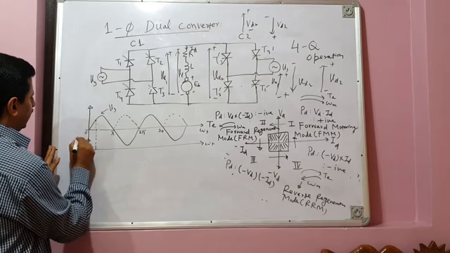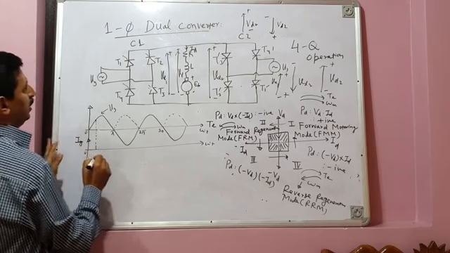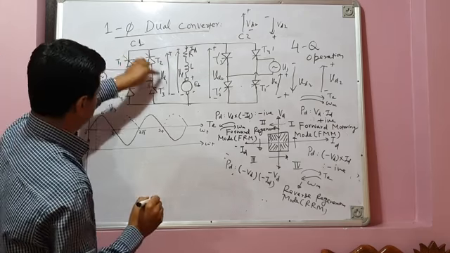So this is gating current pulse Ig for the thyristors of converter C1. So after alpha electrical degrees, this firing pulse is issued. Since positive half cycle of source voltage is there, the firing pulses are issued to T1 and T3. So T1, T3.